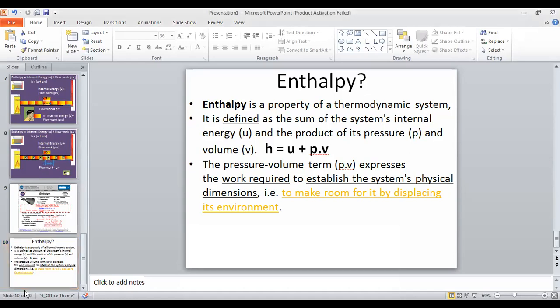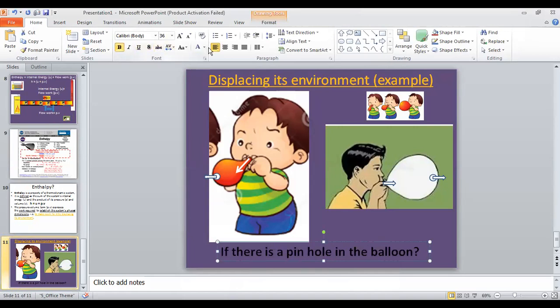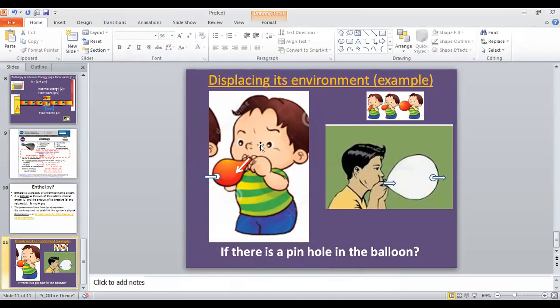Now imagine, this may give a better understanding. Let's say, displacing the environment, if there is a pinhole in the balloon. Today, entirely on the balloon example. So you blow in here, it goes out. You cannot blow it up fully if there is a pinhole.